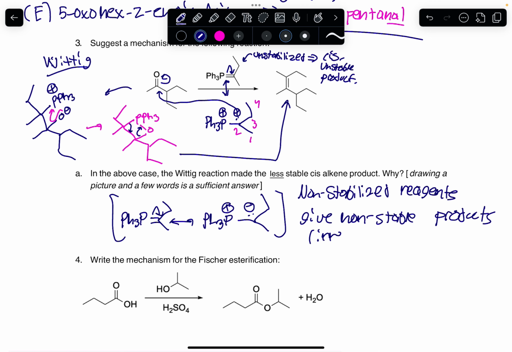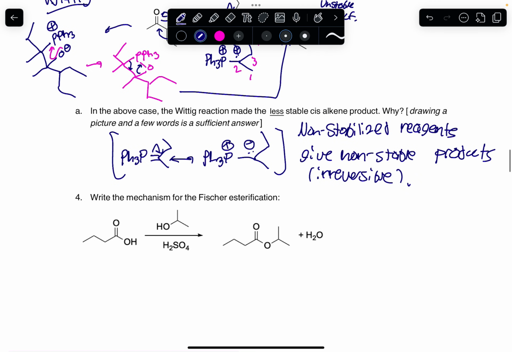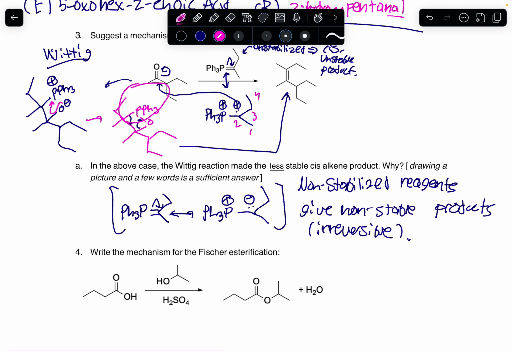And then we'll say the reaction is irreversible because of that. Because the reactants are really unstable, the reaction's irreversible. This by itself won't be able to act as a leaving group, and therefore, once the phosphorus is inside the molecule, it just will not be able to leave. So once you get past this committed step and make the cis-alkene, you're not going to be able to undo it.